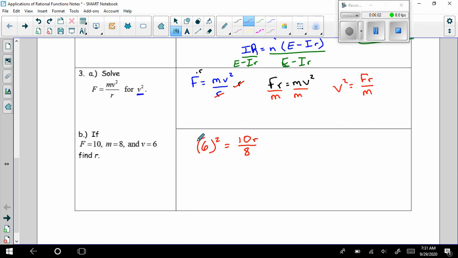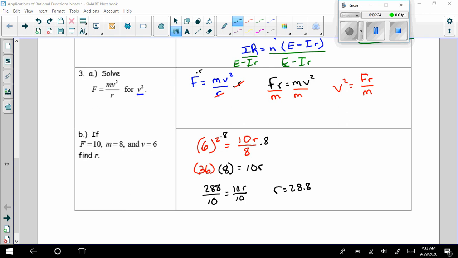We're going to follow similar steps here to get the r by itself that we did to get the v squared by itself. So we have 36, and we're going to multiply that by 8. So times 8 times 8. And that's equal to 10r. Go ahead and solve that the rest of the way out. And hopefully you got 28.8.